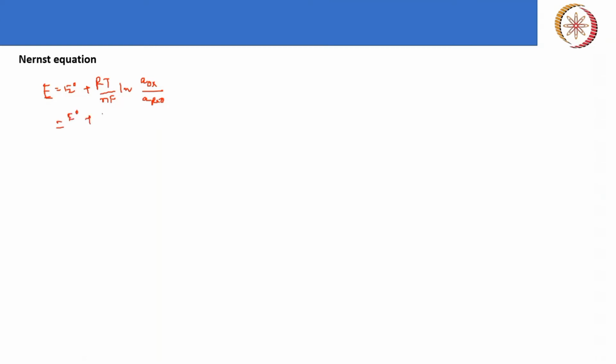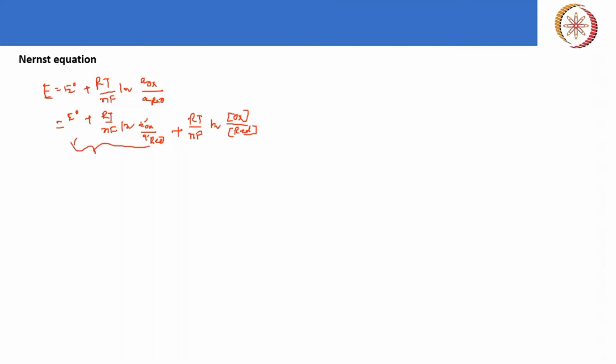So as this is E naught plus RT by nF, for the activity we can write the activity coefficient, suppose E naught dash, by the activity coefficient of the redox species, plus RT by nF ln of the concentration of the oxidized component and the concentration of the reduced component.